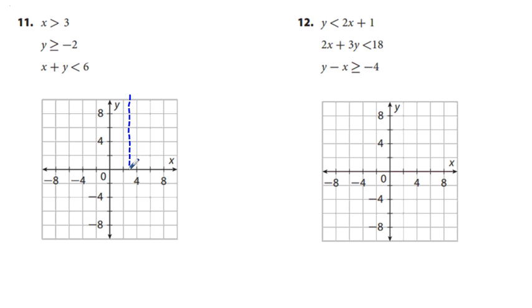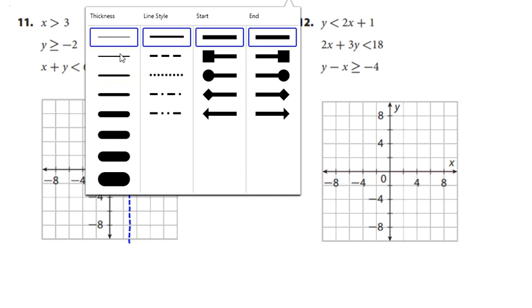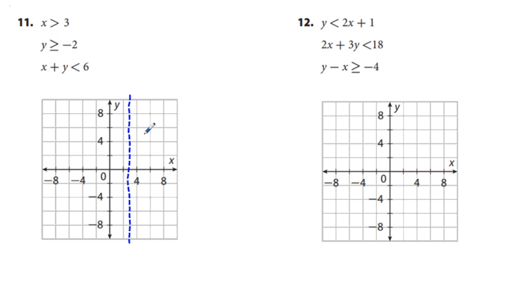So that's it, x equals 3, right here. A vertical line. And greater than is going to be to the right. So I'm going to just arrow to the right of here. I'm going to write x greater than 3.